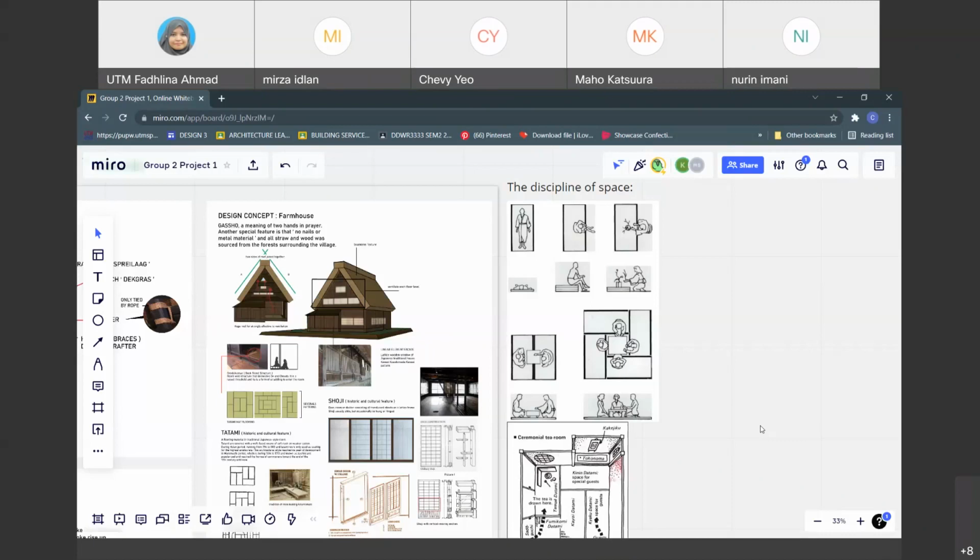Okay. And then the discipline of space, how about specific spaces, for instance kitchen and so on? How do they assemble the space? For instance, how do they cook?